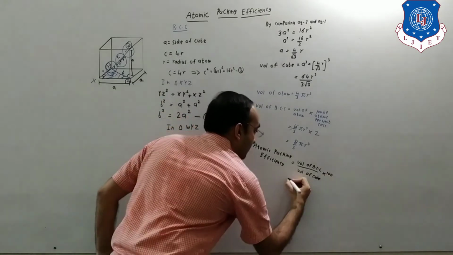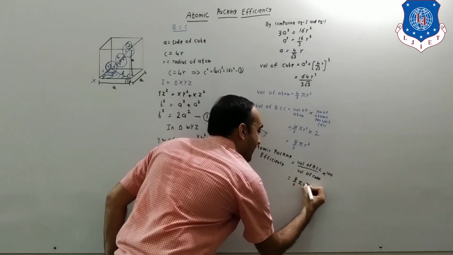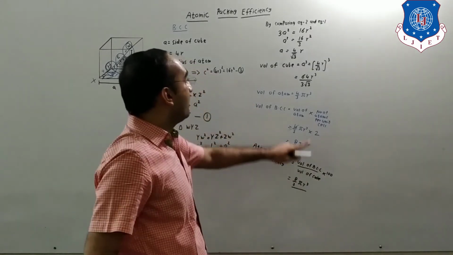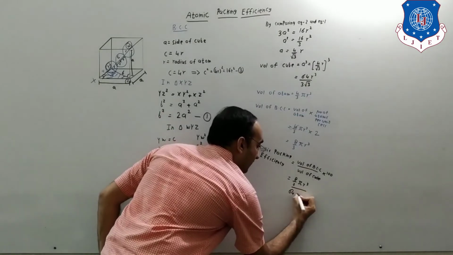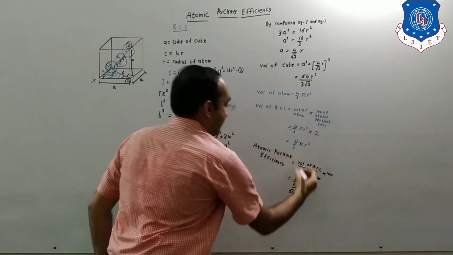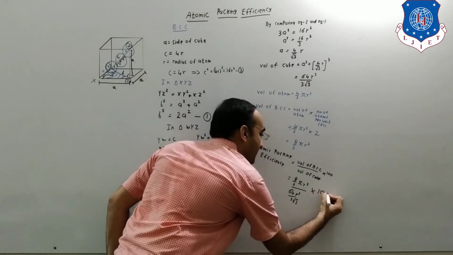So what is volume of BCC? That is 8 by 3 pi r cube divided by volume of a cube. We have found it out, 64 r cube divided by 3 root 3, multiplied by 100.